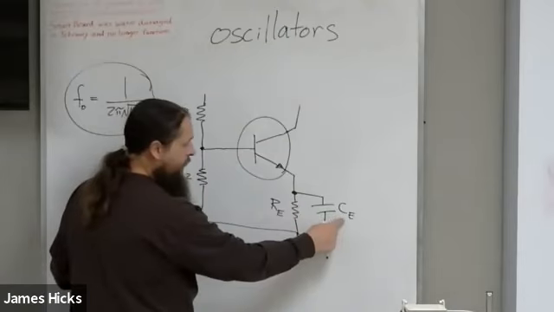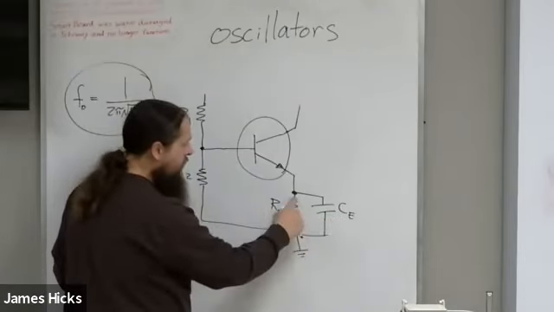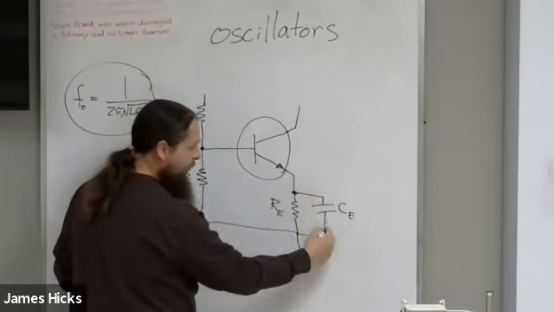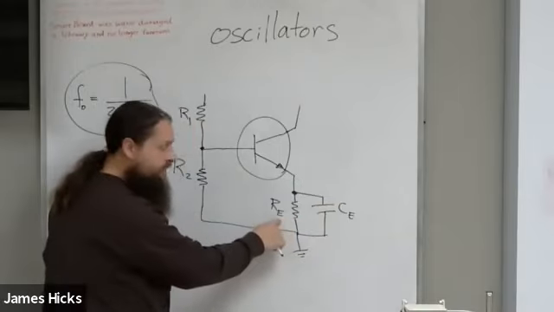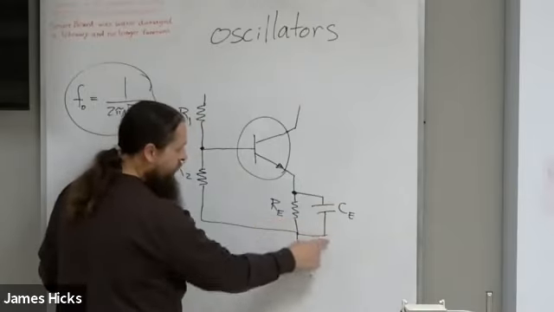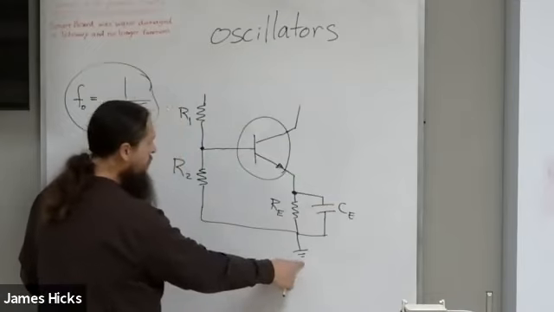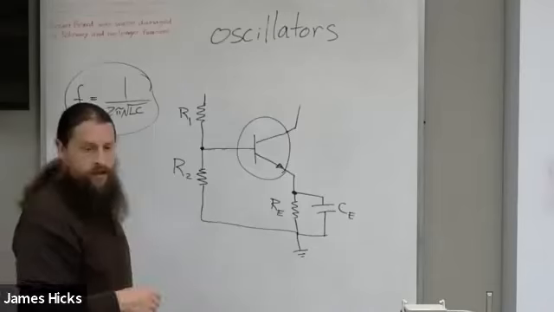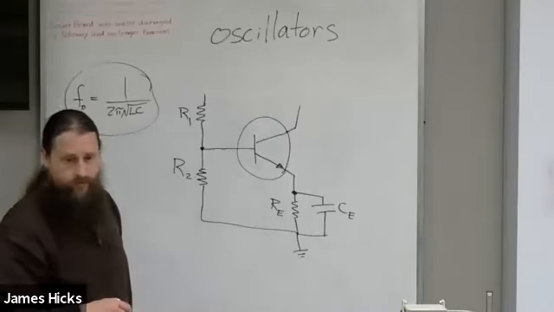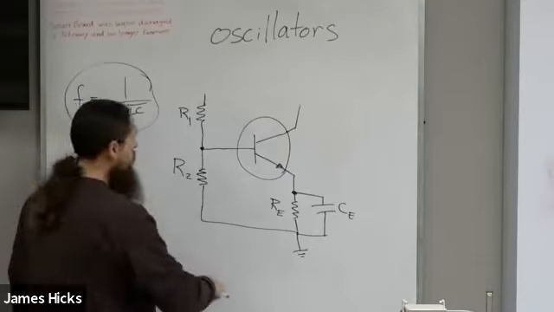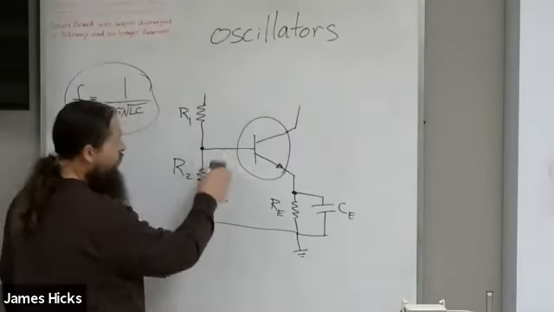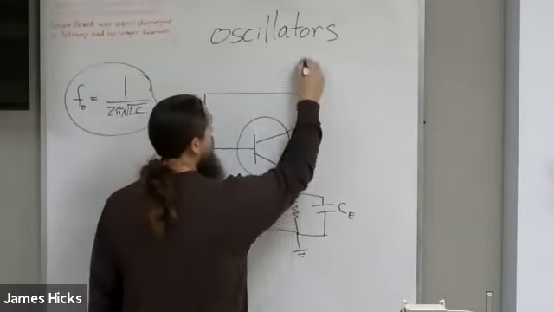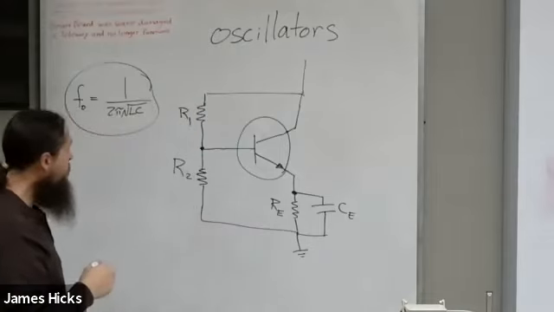Putting this bypass capacitor here essentially provides a path around this resistor that effectively grounds out the high frequency signal instead of feeding it back. So that's normally how we would set this up. That's our transistor amplifier.